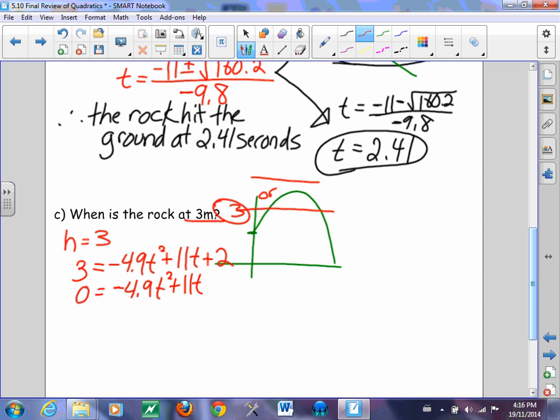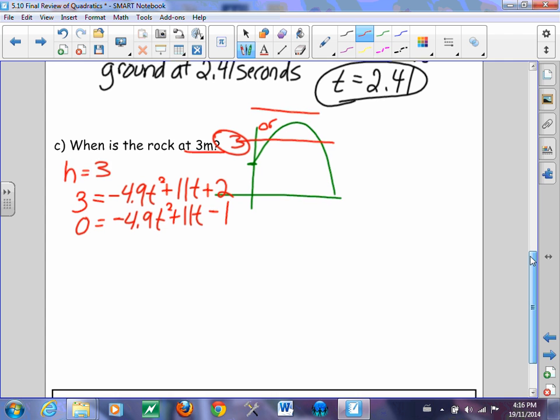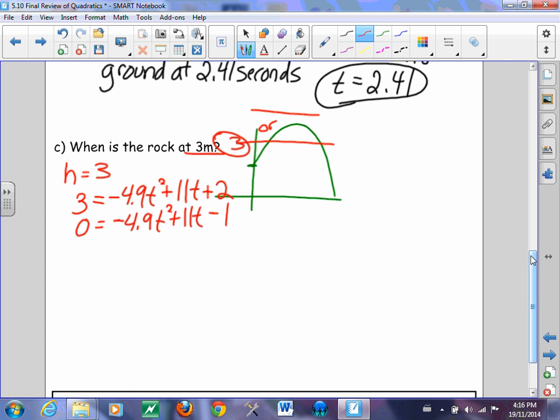Okay, and that's going to be minus 1 when you collect like terms. Okay, let's plug it into our quadratic formula. So it's going to be t equals negative 11 plus or minus the square root of 11 squared minus 4 times a times c all over 2a.